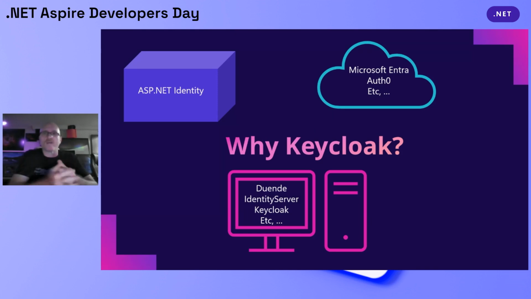Very good examples there. But Keycloak is another example, and I was surprised as a product manager on the ASP.NET team when we were looking at Auth. This was a popular option, and I believe the popularity is because it's a containerized option. So Keycloak runs in a container. It can be provisioned in a container.